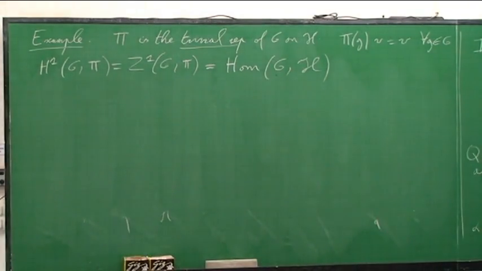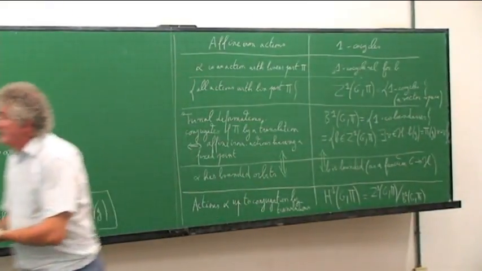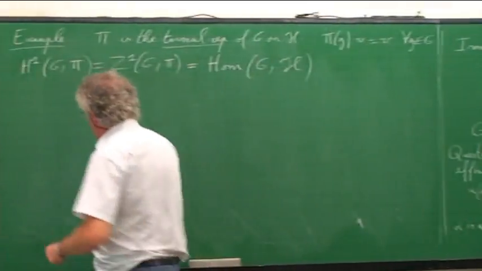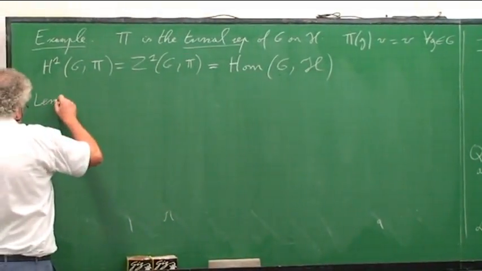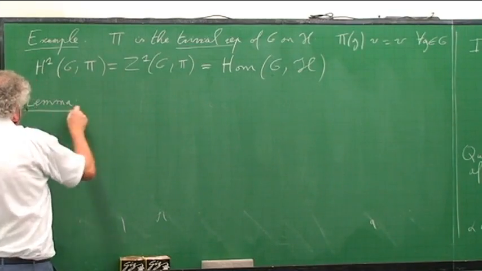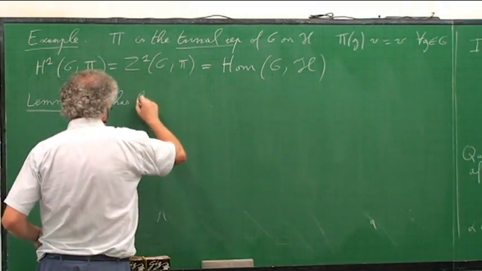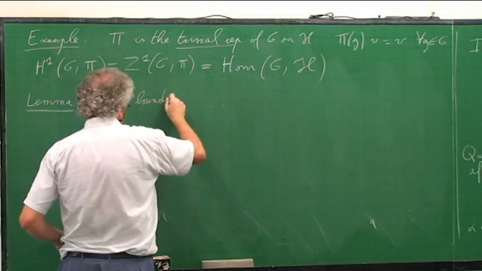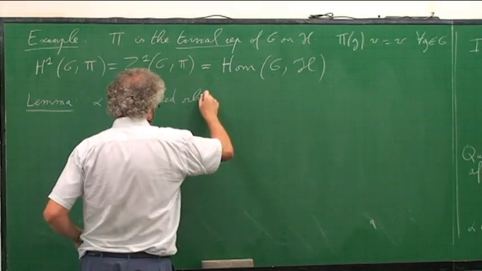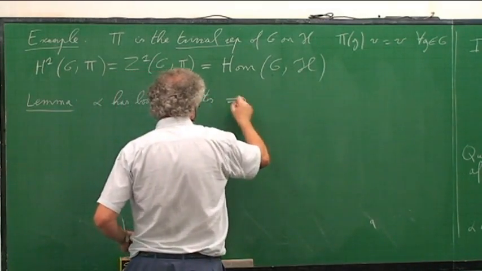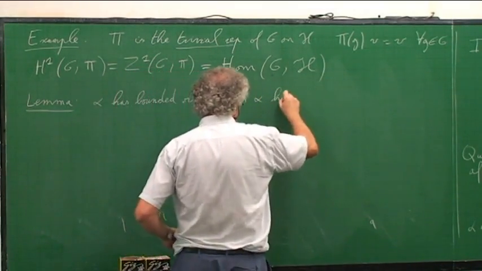So now a comment about the equivalence: alpha has bounded orbits if and only if alpha has a fixed point.